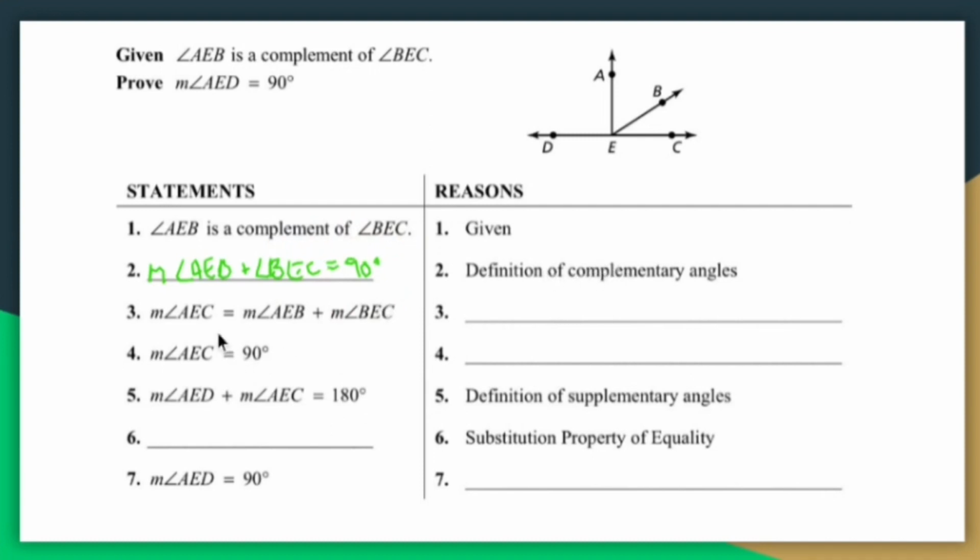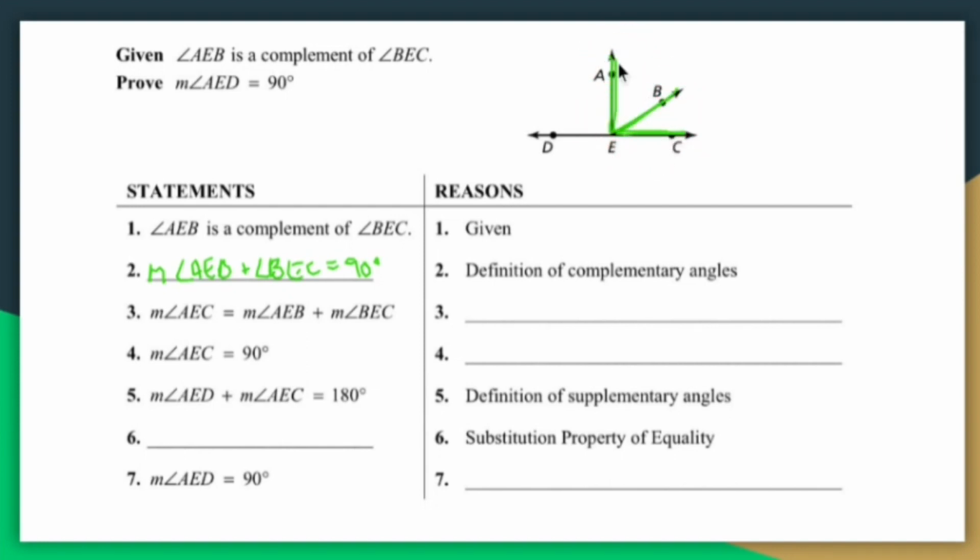Measure of angle AEC is equal to the measure of angle AEB plus measure of angle BEC. Okay, well, what's AEC? All right, this whole thing right there. And that's the measure of angle AEB plus the measure of angle BEC. Oh, I see. They want me to show that this whole thing is that guy plus that guy.